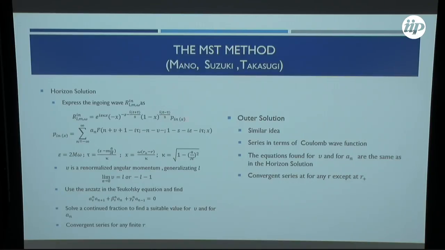And what happens is that at the horizon you get a solution as a series of hypergeometric functions, and in the outer solution you get a series of Coulomb wave functions. In between, you will encounter this parameter nu, that is a renormalized angular momentum, that has to be carefully chosen to give convergence of this series. This parameter appears in the two solutions.